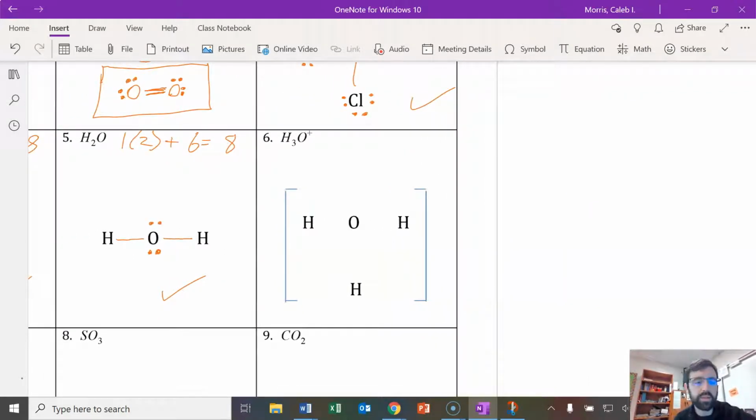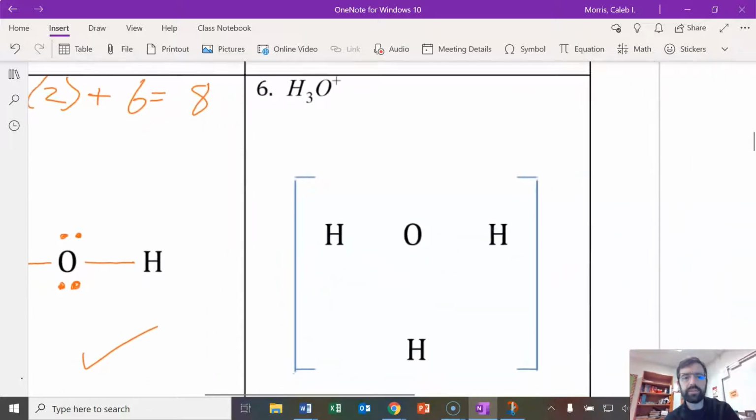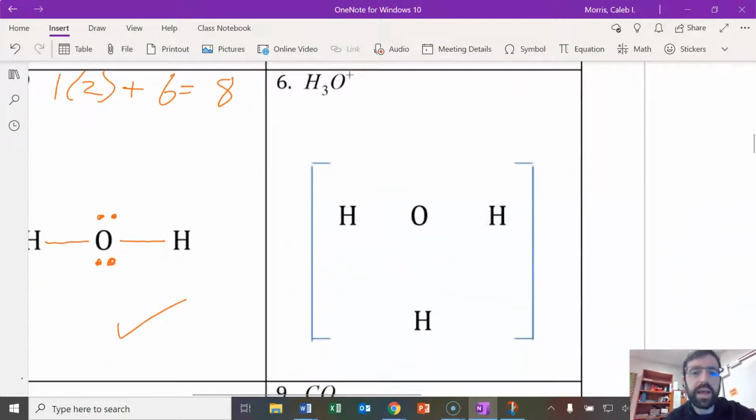Now let's look at H3O+. Remember, with ions, you have to consider the charge. So when we do our math, we're going to have to consider the charge here. Hydrogen has 1 valence electron multiplied by 3. And then we've got oxygen with 6 valence electrons. If we have a positive charge, that means we're going to have fewer electrons by whatever the charge is.